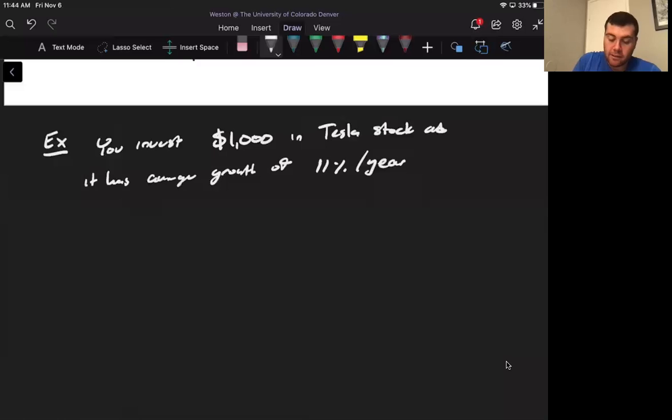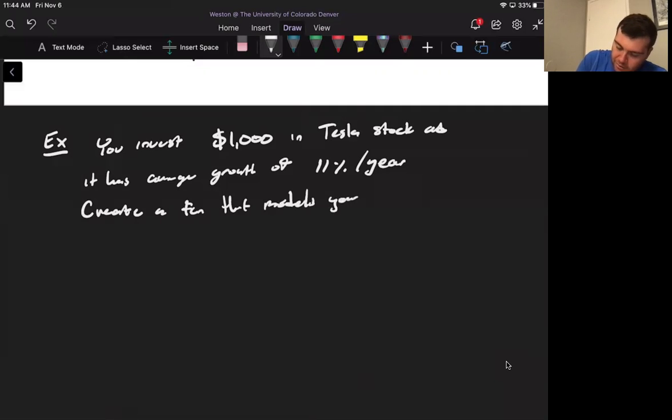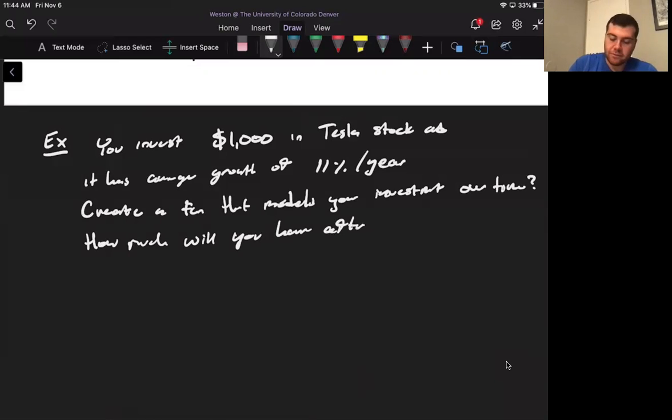All right, create a function that models your investment over time. How much will you have after, let's say, 3 years?